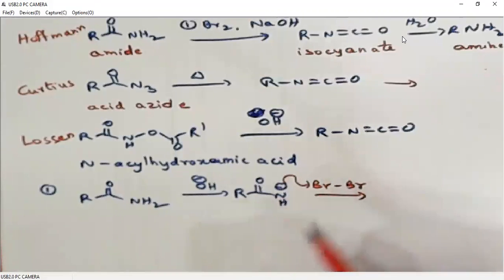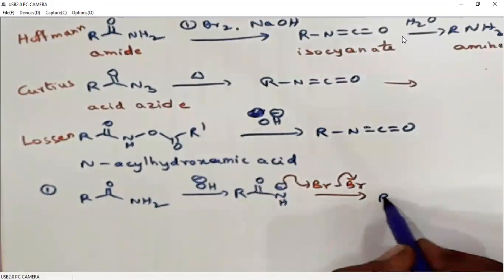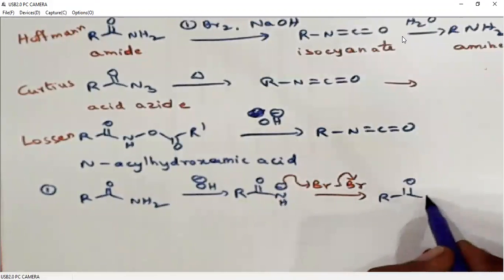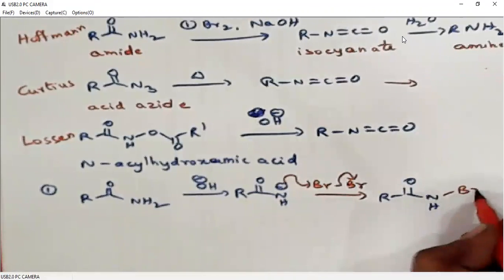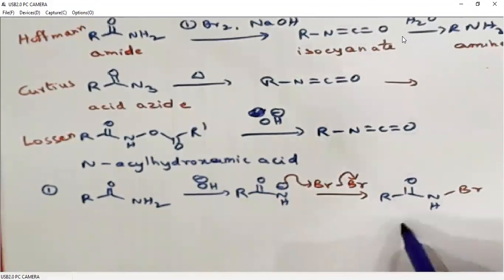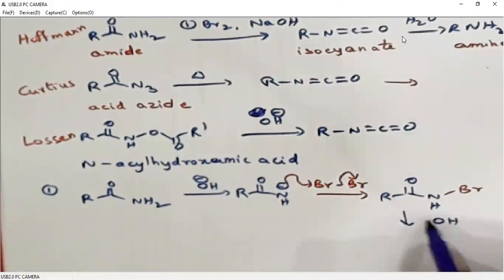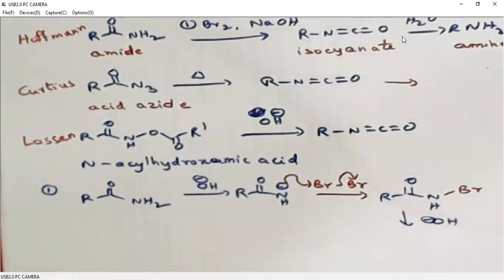N minus will pick up one bromine. So R, CO, NH, and of course bromine. Now again, sodium hydroxide will pick up this proton. So we are generating a negative charge on nitrogen.